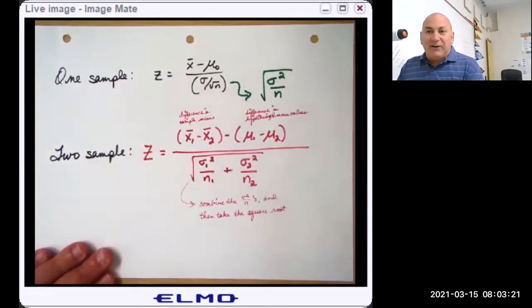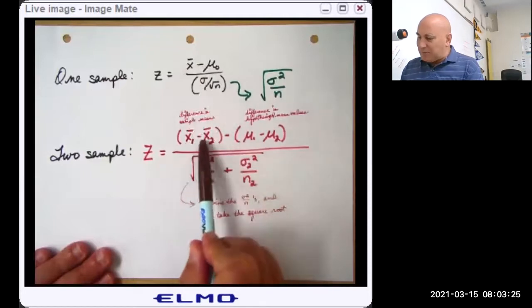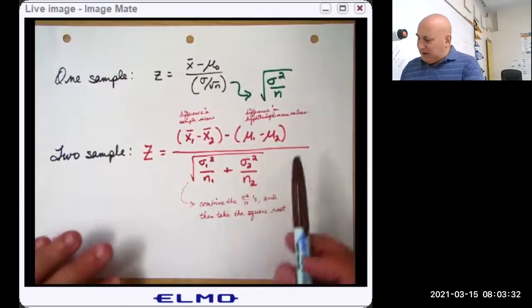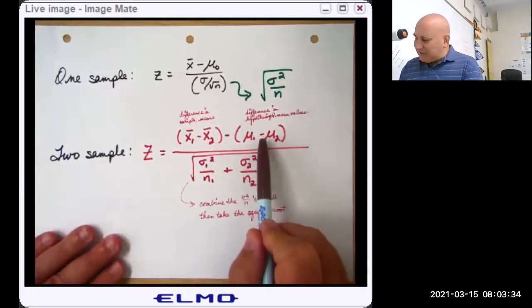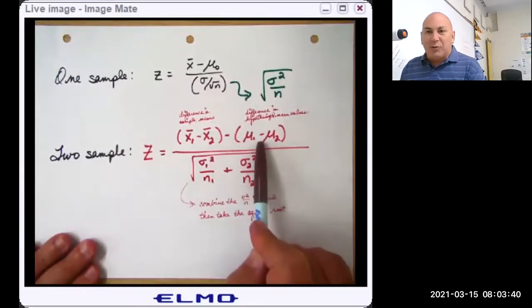So now if we're comparing two standard devs together, instead of x bar, we have x1 bar minus x2 bar. We want to know the difference. How far apart are those two sample means? And then here's the hypothesized difference, mu1 minus mu2. Well, if we're saying mu1 equals mu2, then this number would be 0.